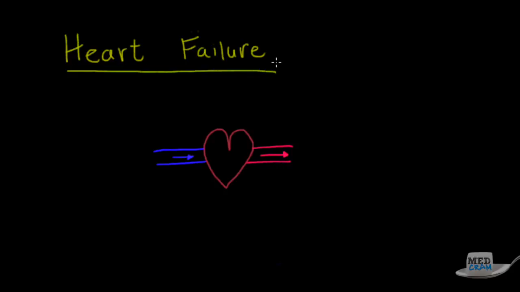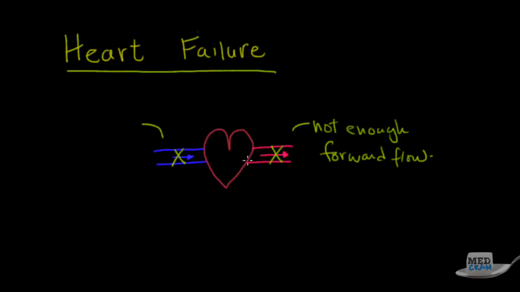Generally speaking, if you have heart failure, you're not going to get as much blood going forward, and you're not going to get as much blood going in. As a result, the two major types of symptoms that you're going to see in heart failure are not enough forward flow, and because there's not enough forward flow, blood stays in the heart, and blood which should be entering the heart is not entering the heart, and as a result you're going to see congestion before it.